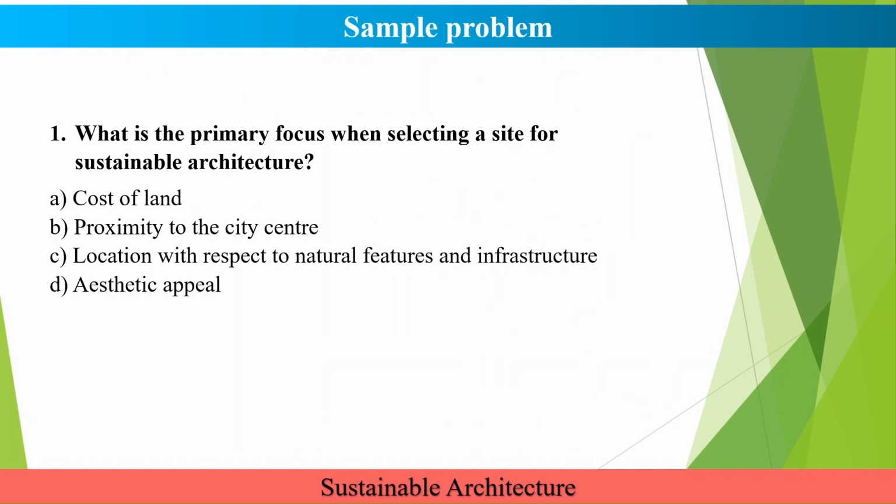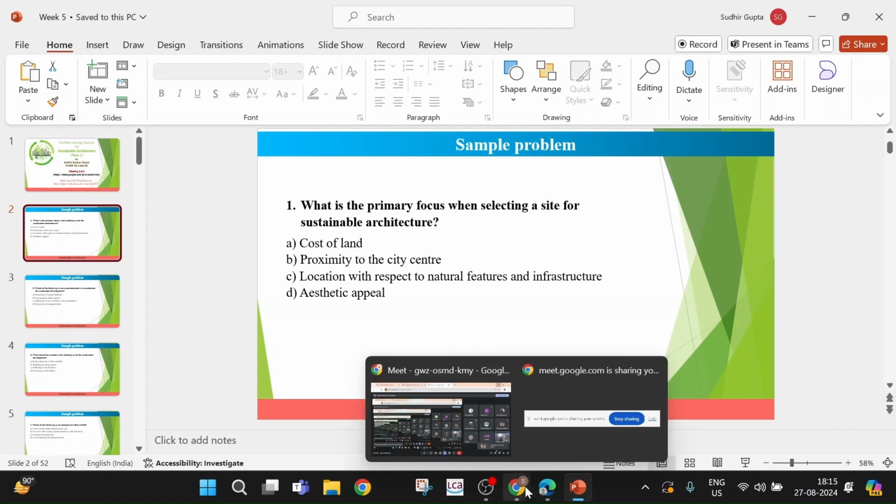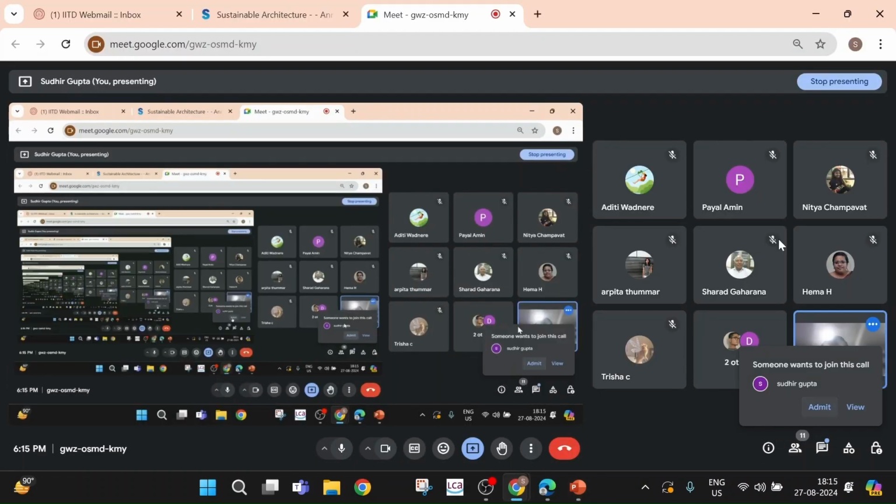Question one: what is the primary focus when selecting a site for sustainable architecture? All of you try to give an answer to this question.